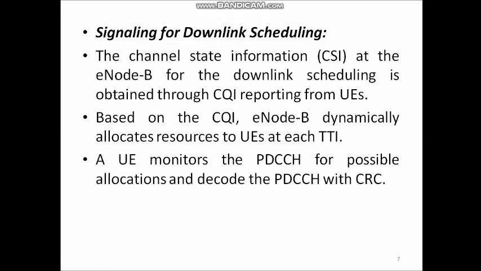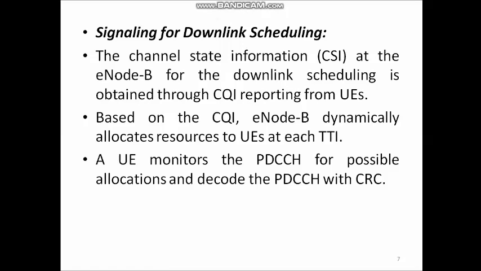Okay, first let us consider signaling for downlink scheduling. The channel state information at the eNodeB for the downlink scheduling is obtained through CQI reporting from user equipments. This CQI is either wideband or subband, but for frequency selective scheduling it requires subband CQI reporting.